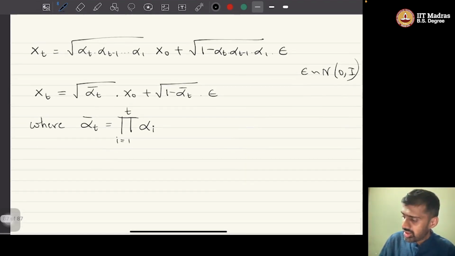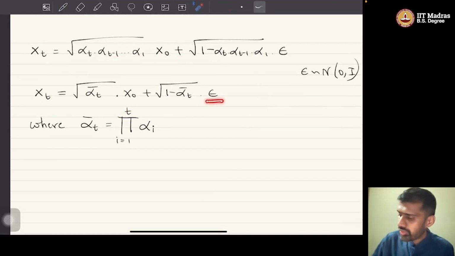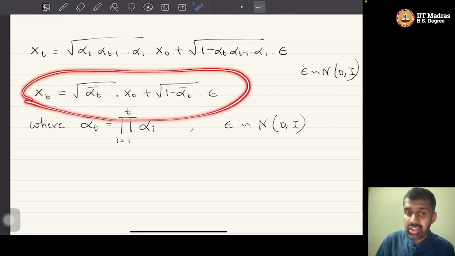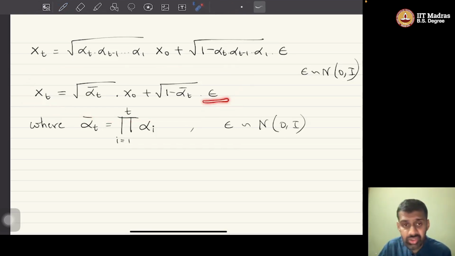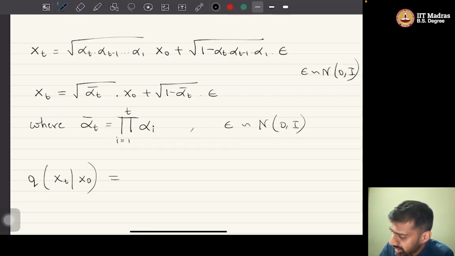Please look at this. Now, what is epsilon? Epsilon is coming from normal 0, 1. So this entire thing looks like again a reparameterization of an isotropic Gaussian, which means that the distribution q of xt given x naught is again a Gaussian distribution.